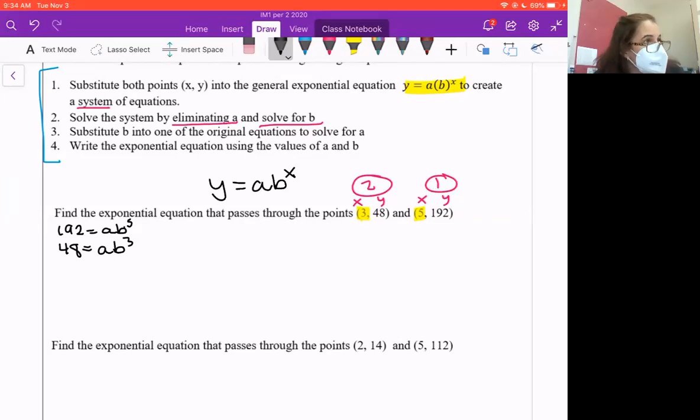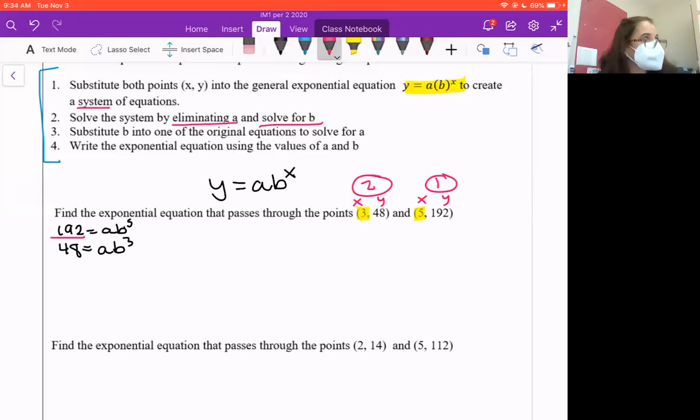Okay. One of the ways we learned how to solve a system is elimination. And when we did elimination before, we added the 2 equations together to eliminate something. In this case, because there is no addition in these 2 problems, we can actually do elimination by dividing the 2 equations. I can divide 192 by 48.